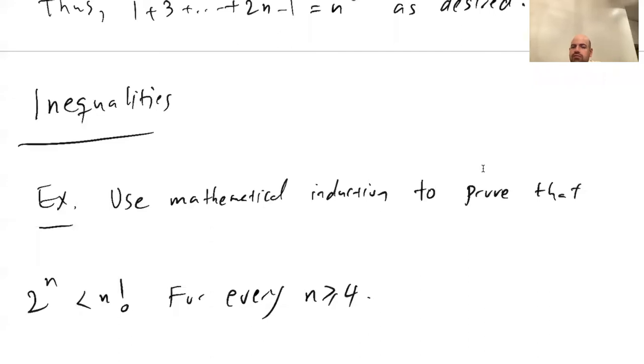Well, here it's a little bit different because we have a statement in terms of n, and n is a natural number, but we want to show that it's true not for every natural number, but for every natural number n bigger than or equal to 4.